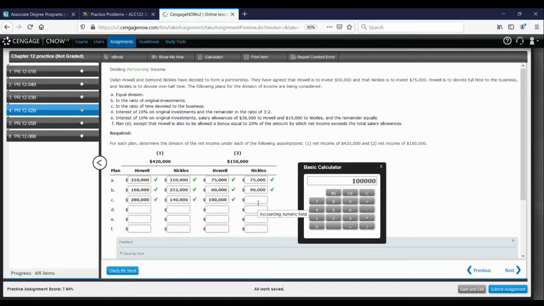Nichols would get 1/3 of 150,000, which is 50,000.